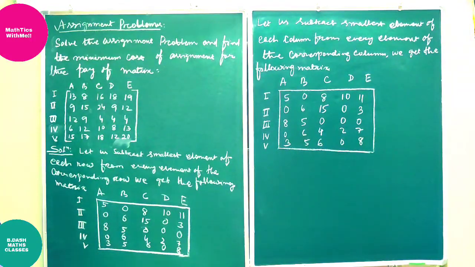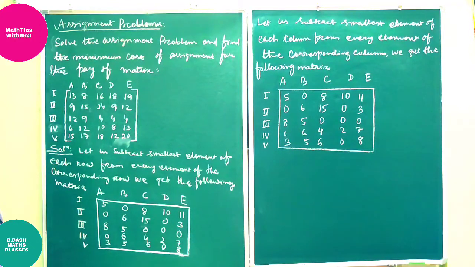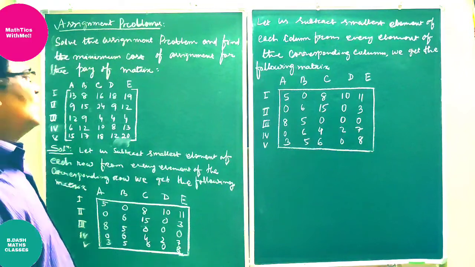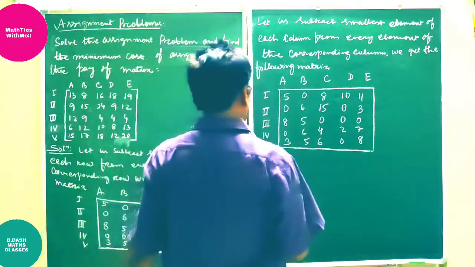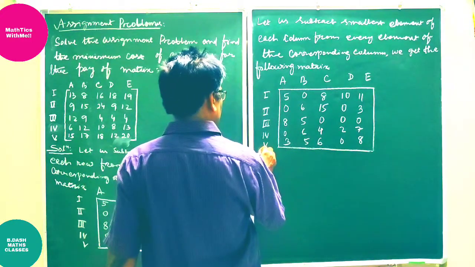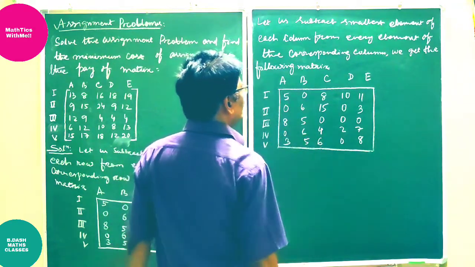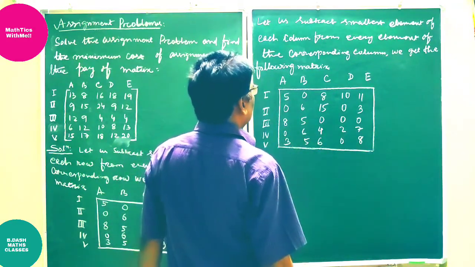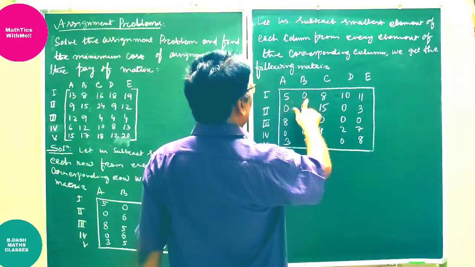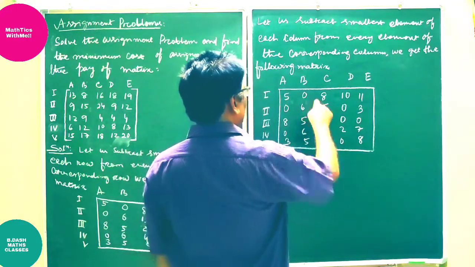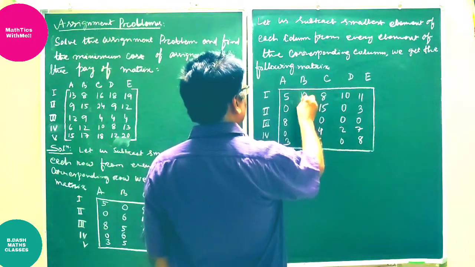So, let us make zero assignments row wise. In the third step, we are having 0 in cell 1, 2, so we can have the assignment here now.